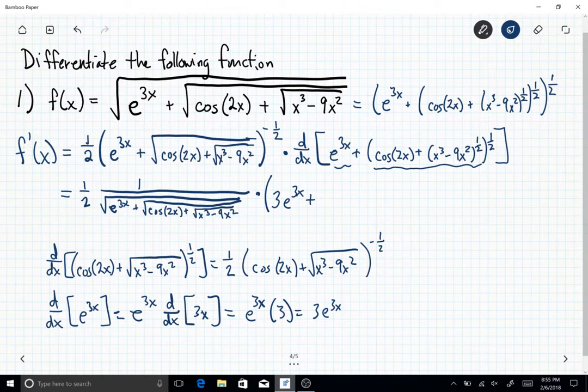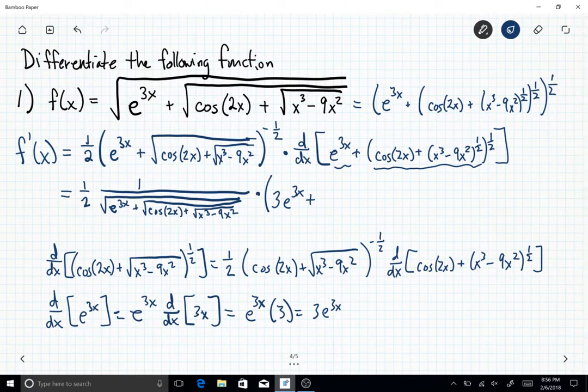Okay, but now what we need to do is take the derivative of the interior. So that's the cosine of 2x, and here's where I'll write it back in terms of the 1/2 power, plus x cubed minus 9x squared, that whole thing raised to the 1/2. Okay, so we'll talk about this along the way. So we have 3e to the 3x, we got that part.